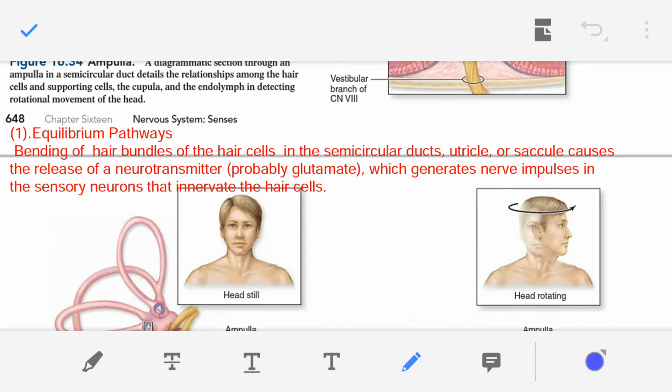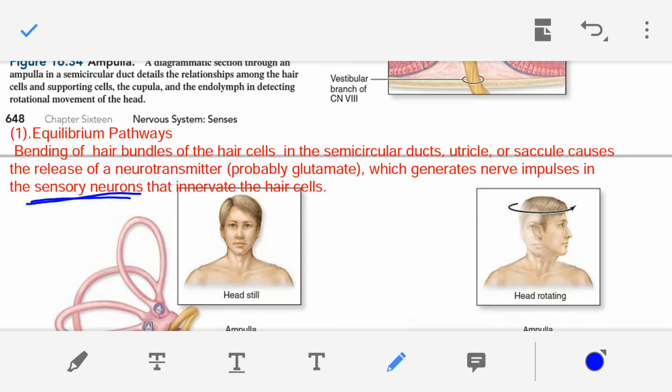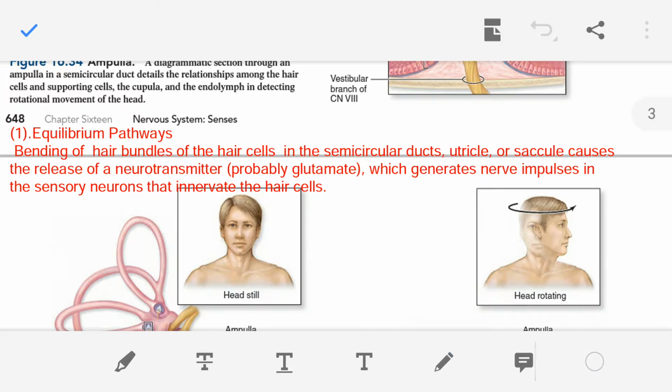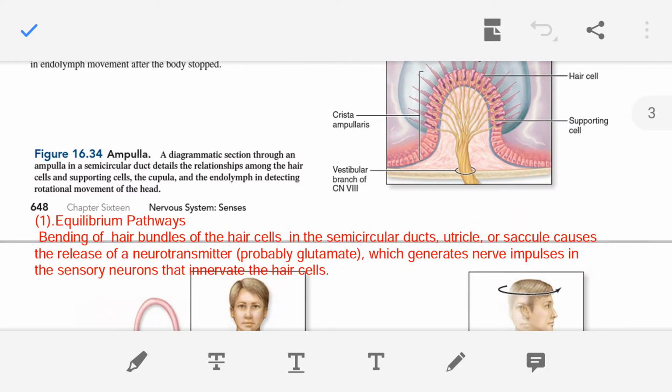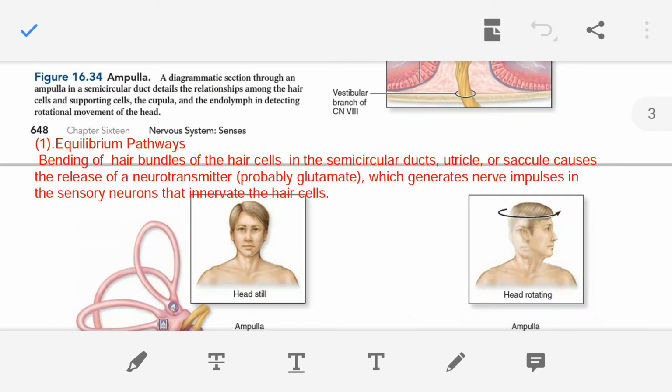This glutamate binds with the primary sensory neuron, and now in the primary sensory neuron the nerve impulse is generated. So the question is, from the primary sensory neuron, also known as the afferent neuron, where are these nerve impulses going, where are they propagated, where are they traveling? So this is the first point.